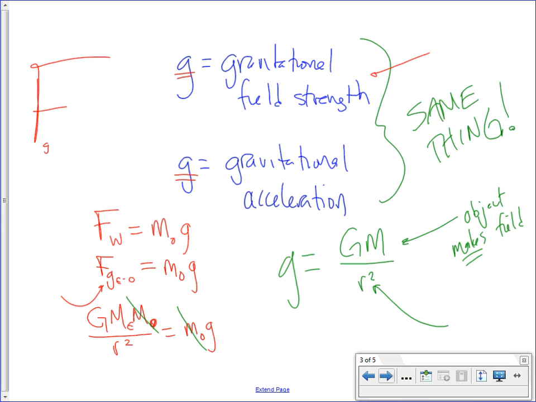People always say distance between the centers, but here all we're saying is there's the Earth, or some planet, typically, or a moon or something like that. So r is the distance away from its center.